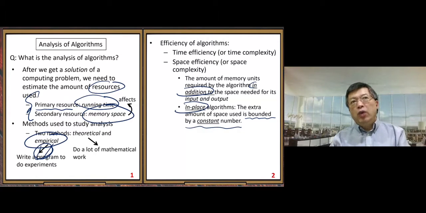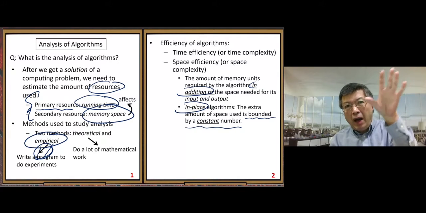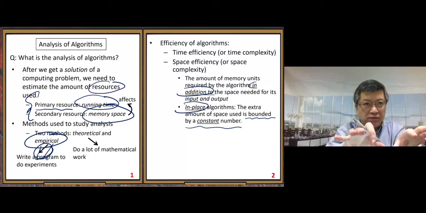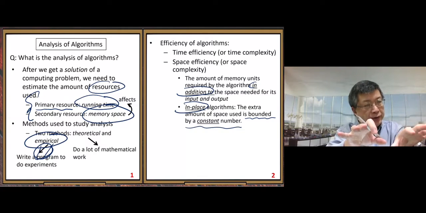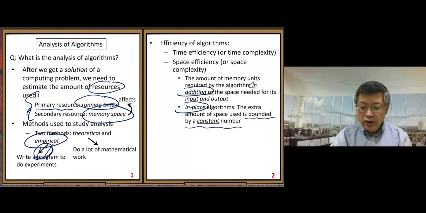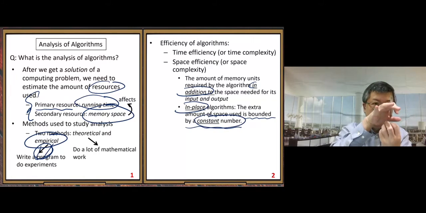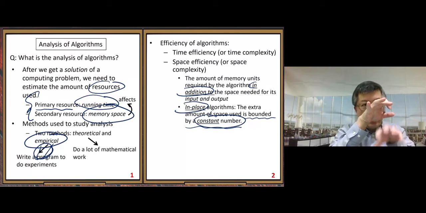But we like to have algorithms where we can put a control on that extra space. So what kind of control? We use some constant number to bound it. The extra space cannot break the ceiling of that bound.